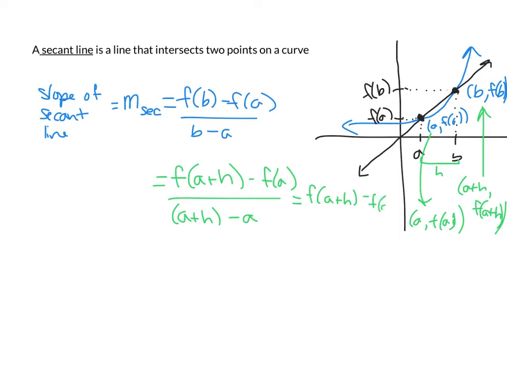But with the denominator, I can cancel out the a minus a, and that just gives me h. So I want you to look at this equation and think, does it look familiar? I'm hoping that you notice that this equation is almost the same thing as the difference quotient.